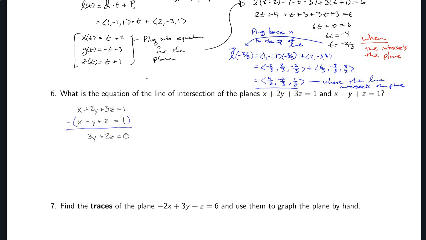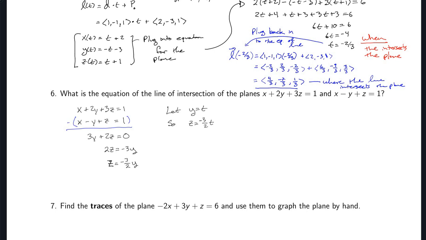And we can then say 2z equals negative 3y, so z equals negative 3 halves y. And what I'll do now is I will let my independent variable here, the y, equal t. So z equals negative 3 halves t.